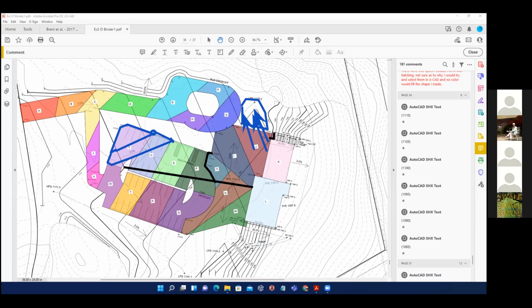Otherwise, it would be the whole thing. If I don't do anything, all of these will get into that area. So I would say focus on dividing the upper part up and only have the lower portion drain into this specified bioretention area down here.